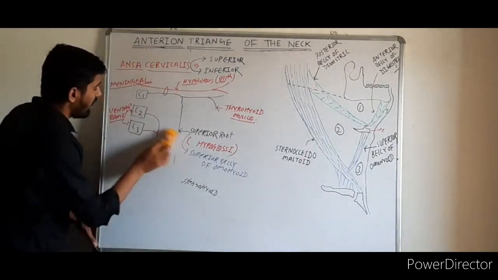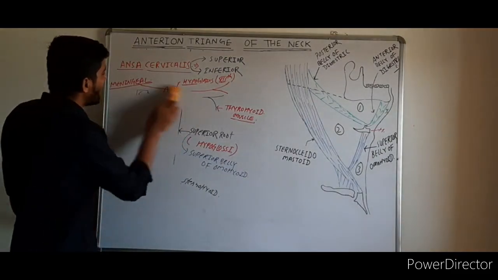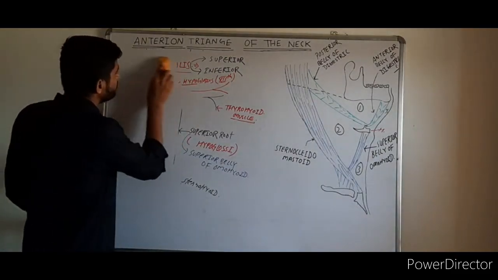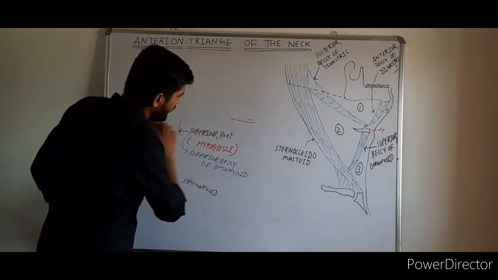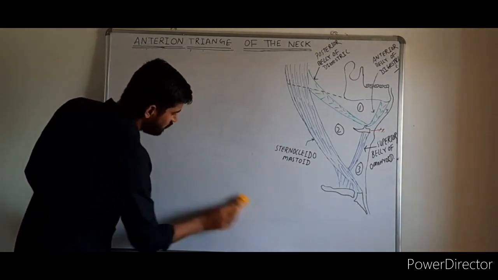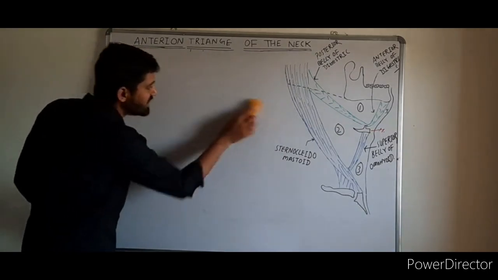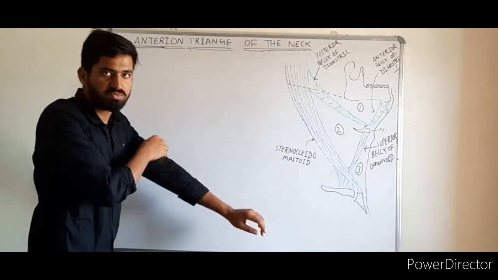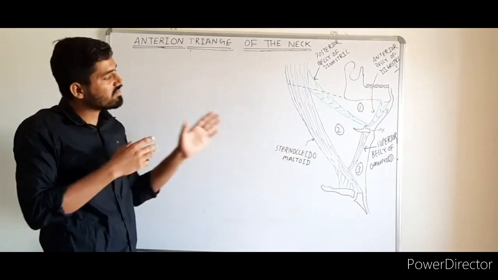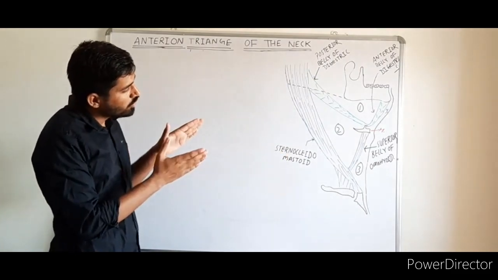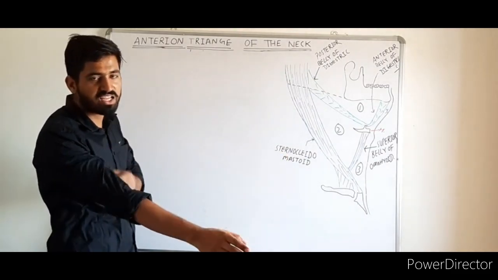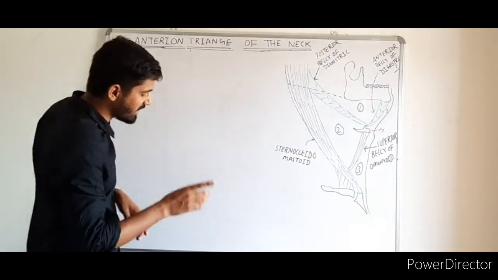Now we have to move on to the triangles of the neck. In these triangles, the floor I have already told you, how to write the floor of every triangle, that I already explained. Now we have to know the boundaries of every triangle and the content of every triangle.